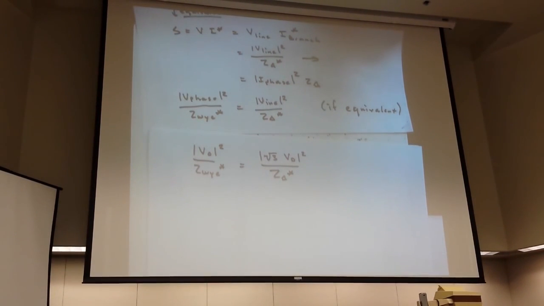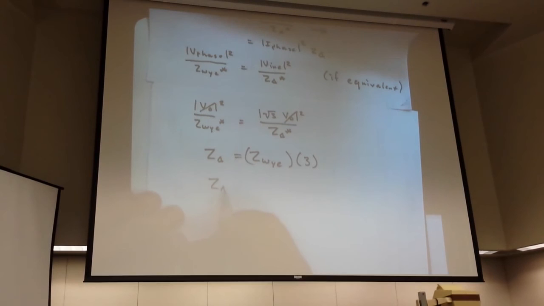And a little bit of rearranging here. This cancels. We lose our V naught on either side. And what are we left with? Z delta equals ZY times 3. Or to write it a little bit more reasonably, 3ZY. Equivalent representation between configurations.